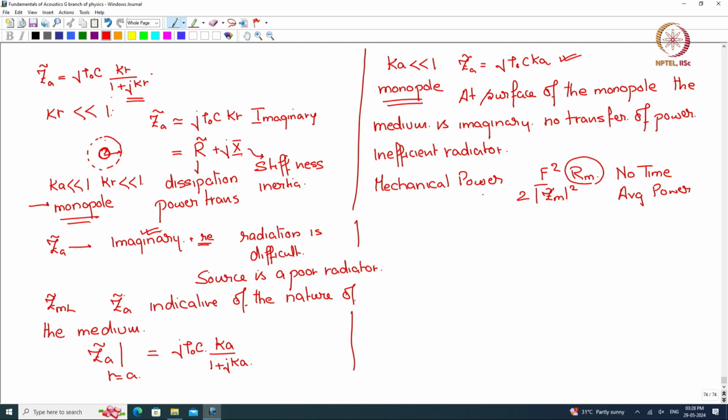This was the expression for averaged power transfer. So on an average in one cycle, the monopole is unable to transfer power.